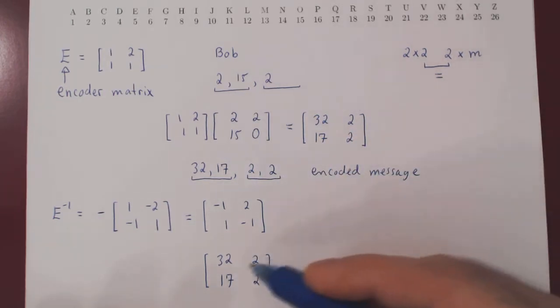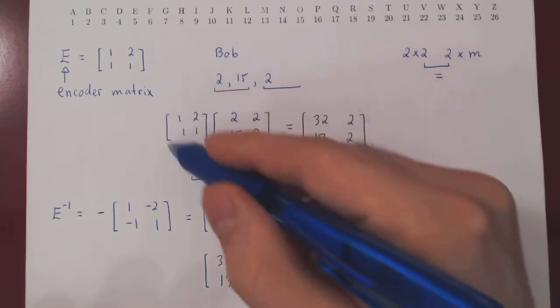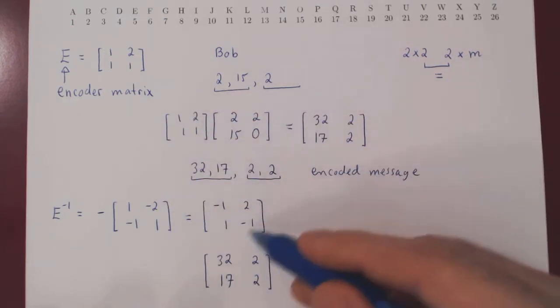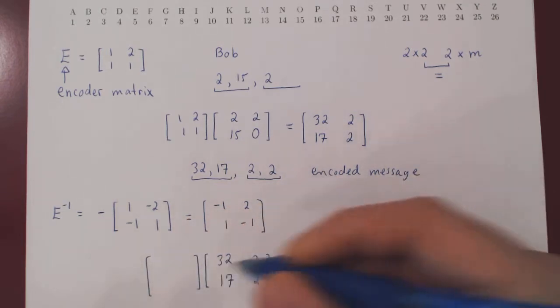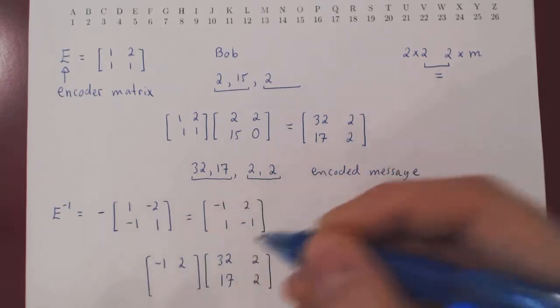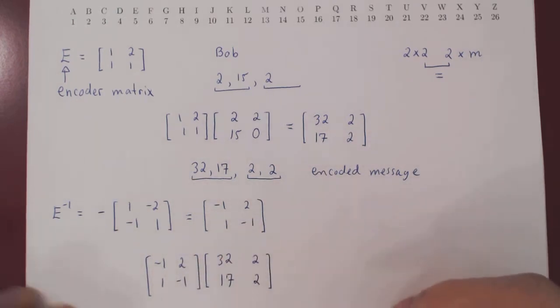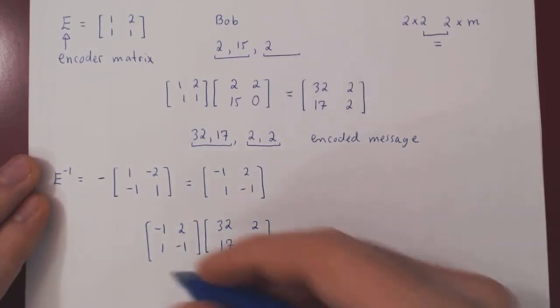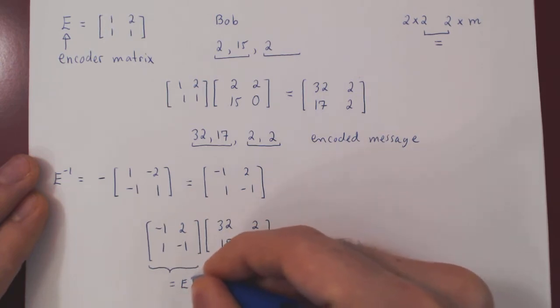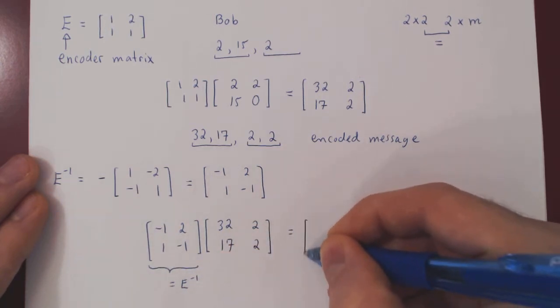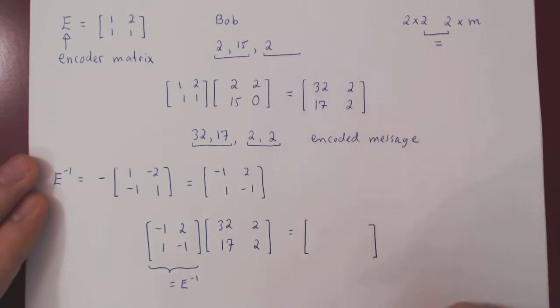And now we want to undo the transformation by E, and so we multiply by E inverse. Now let's see what happens. Once again, the result will be a 2 by 2 matrix.